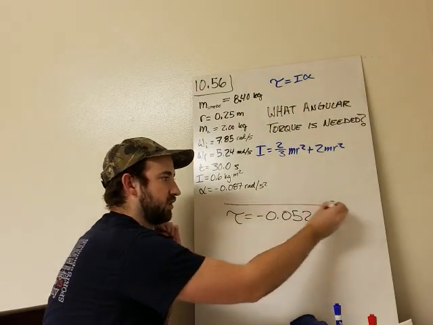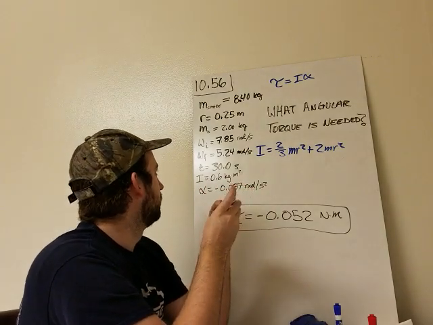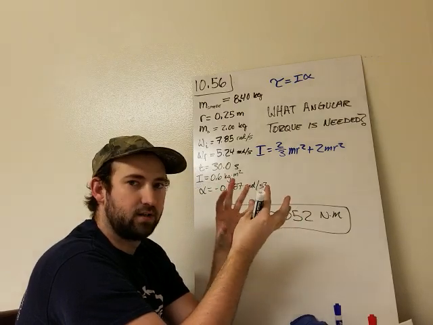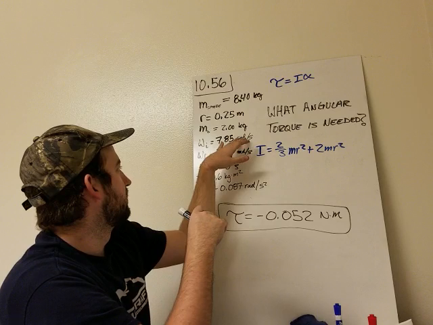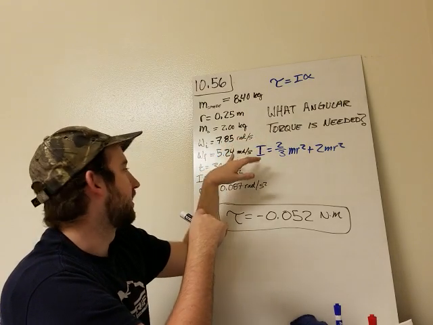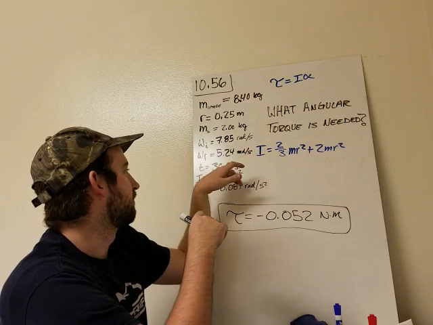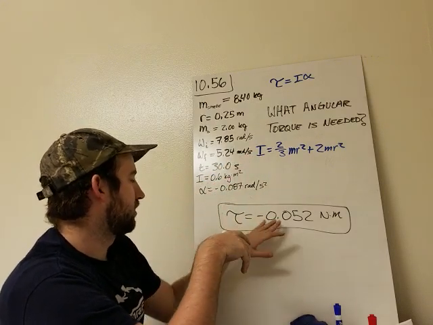So there's our answer. That means that in order to slow this sphere down from 7.85 radians per second to 5.24 radians per second in a time frame of 30 seconds, we would need to apply a torque of negative 0.052 Newton meters.